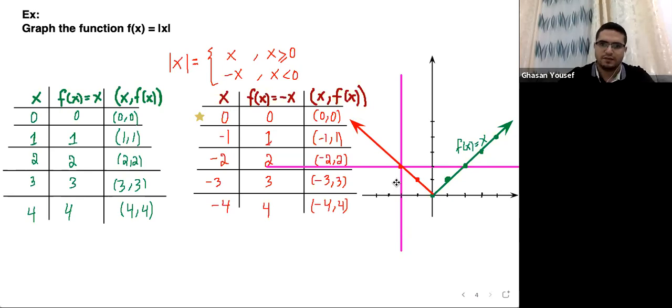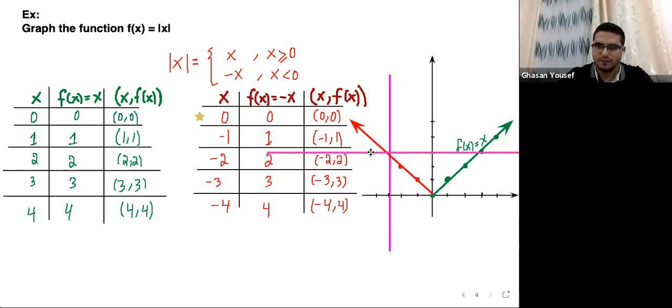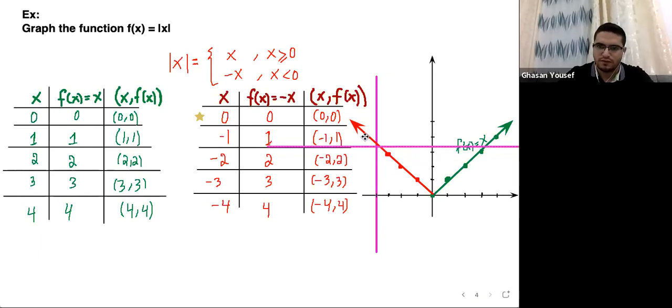Again, at minus 3 and 3, the point should be here. At minus 4 and 4, minus 4, and this is 4. Okay, again, it should be like around here.